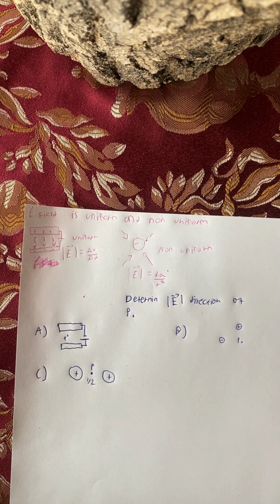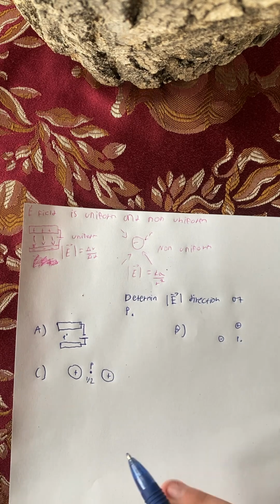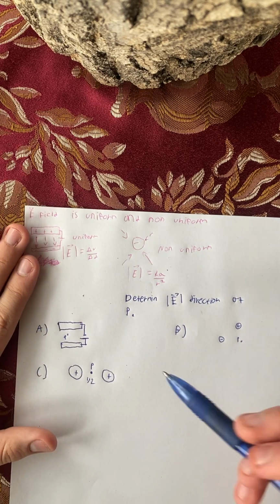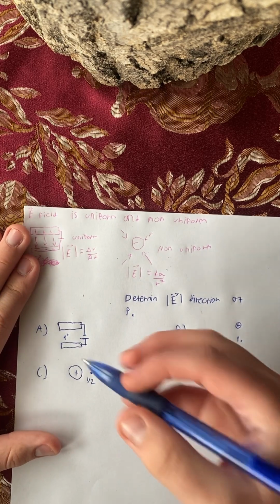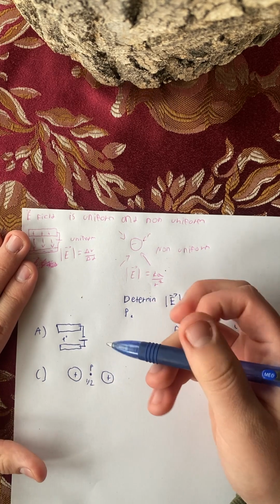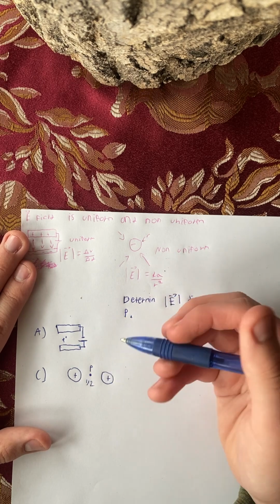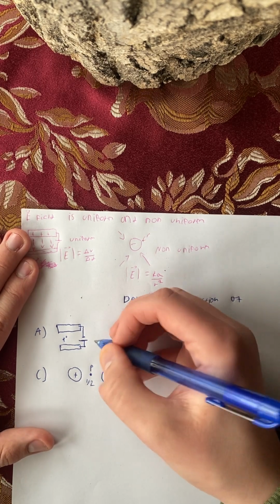To determine the electric field direction for question A, we know that in a uniform electric field, the field lines run from positive to negative. But in this case, we're not immediately given a positive and negative plate, so we need to figure that out by looking here.